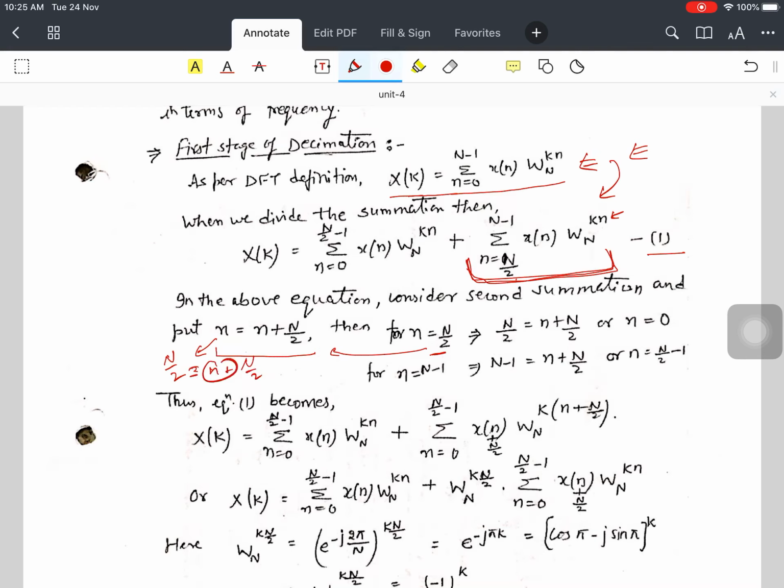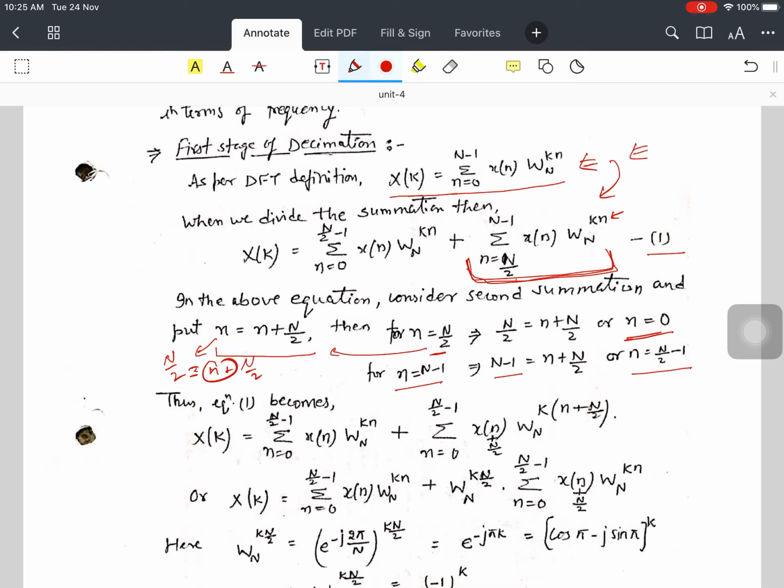From here we will get n equal to 0. When n equal to N minus 1, we get N minus 1 equal to n plus N/2, and from here small n will be N/2 minus 1.